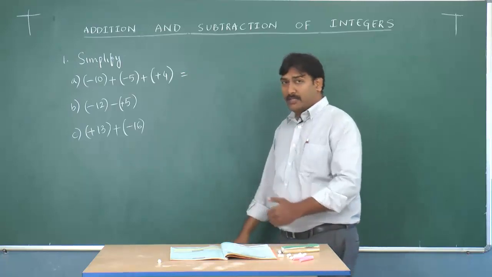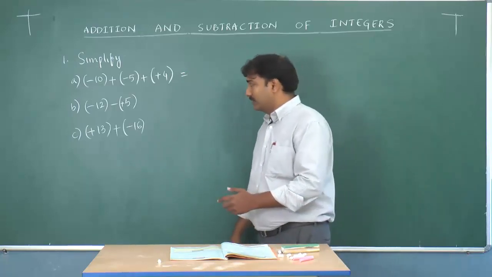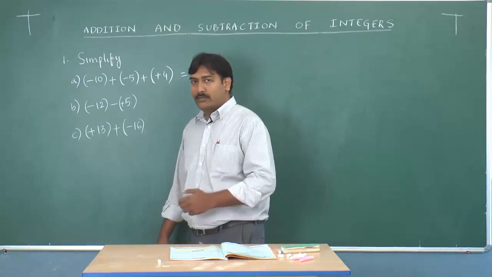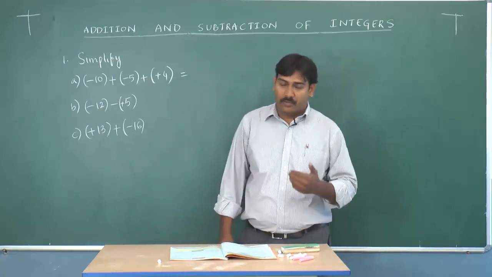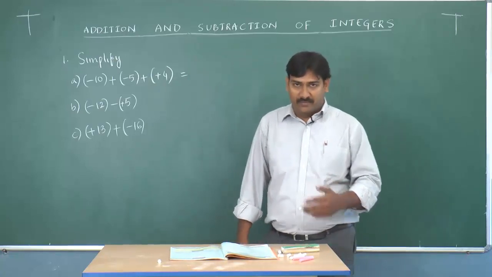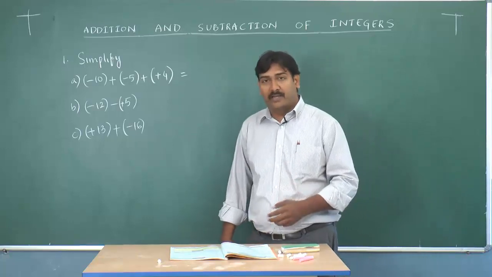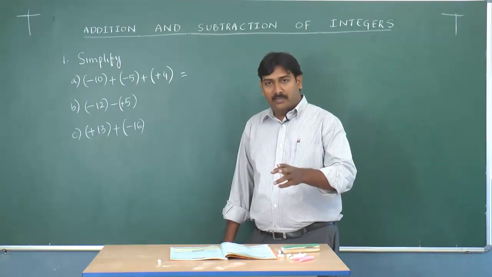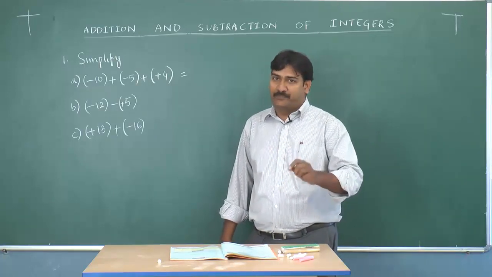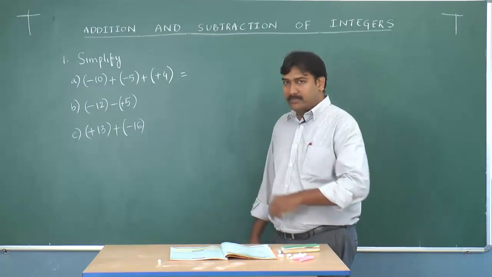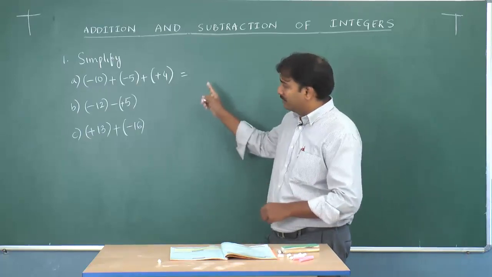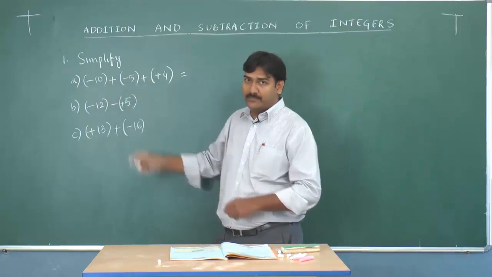I was telling you that whenever you want to simplify or add integers, the first thing is to identify the integers having the same sign. If you have two integers, it's very simple, but here the expression contains more than two integers.